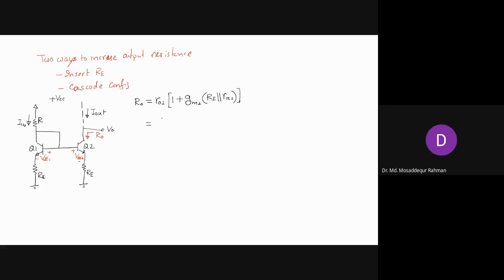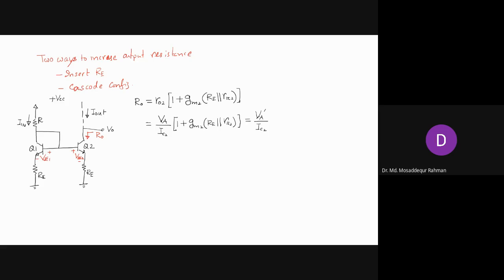And that small R naught2 is VA divided by IC2, and that times (1 plus gm2 times RE in parallel with R pi2). That is written as VA prime divided by IC2.